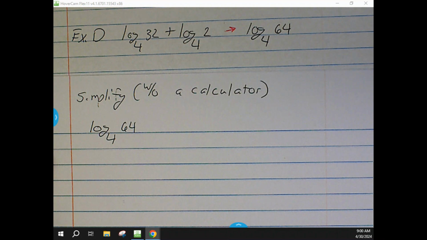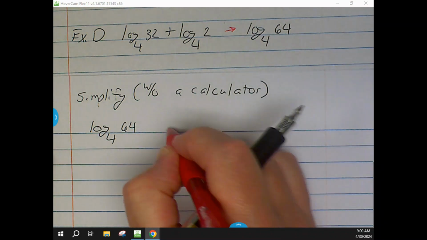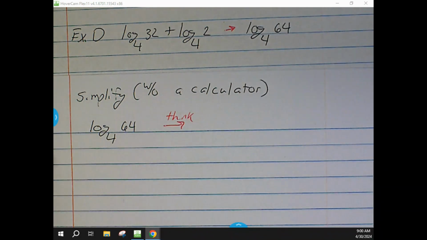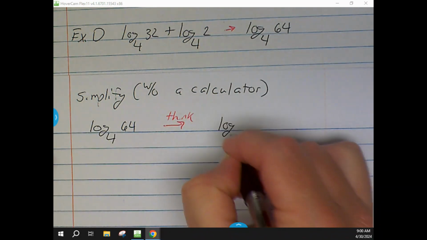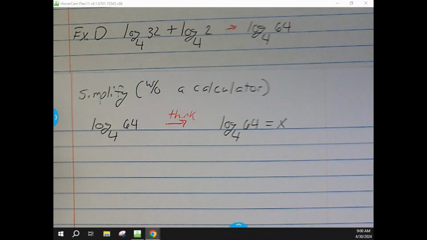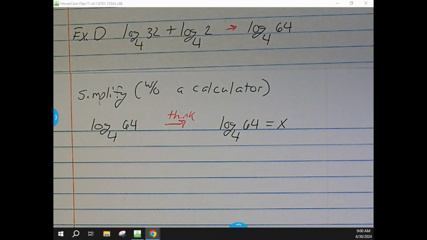Okay, so when they ask you to do this without a calculator, here's what they want you to do. You want to think that you're trying to figure out what that equals. So you want to take that answer you got and think, what does this thing actually equal?